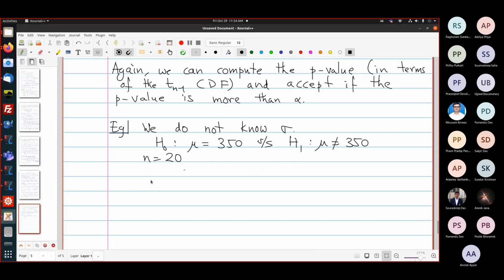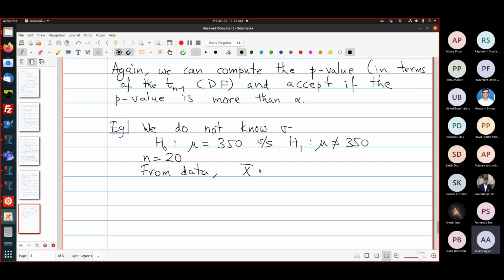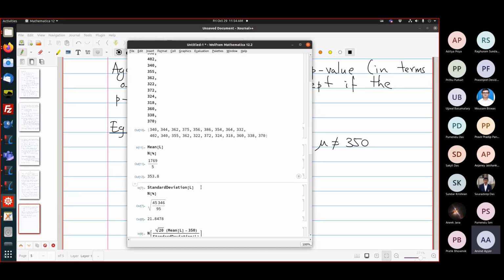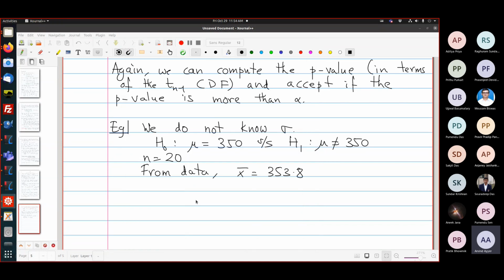So from data, x bar is 353.8, and I also computed the sample standard deviation of the data, S, which is approximately 21.85.